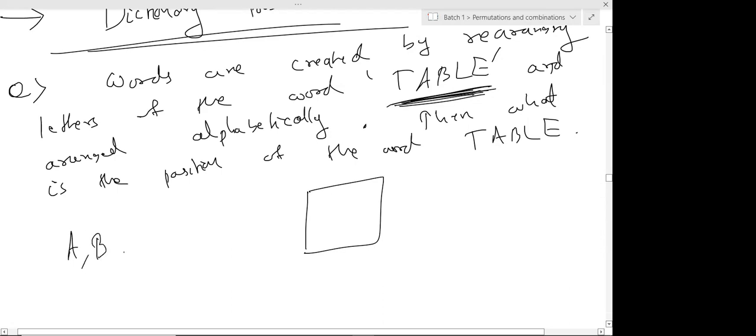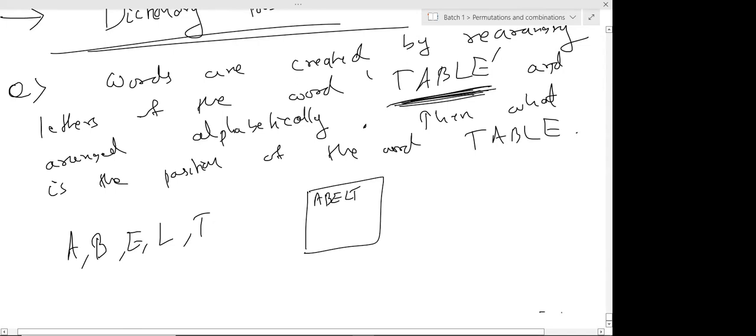After that, B comes, then E comes. So the first word here will be ABELT, right? Yes, sir. Words do not have to have meaning. Is it clear? Yes, sir. Okay.